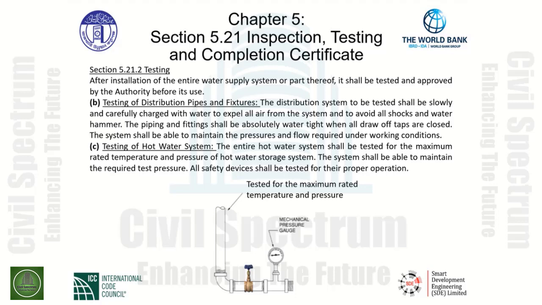This section gives us specifics regarding the distribution pipes, the fixtures, the tightness of the system, as well as the hot water system itself. Testing the hot water storage system, all safety devices, making sure that the piping system has been tested for the rated temperature and pressure as well.